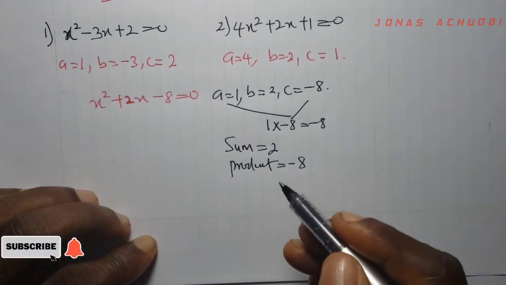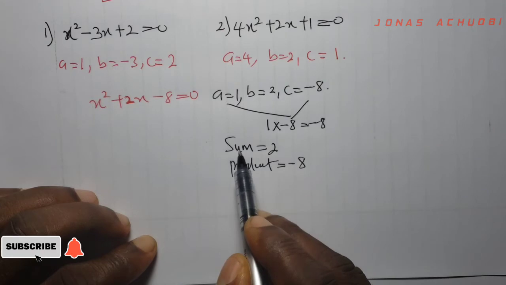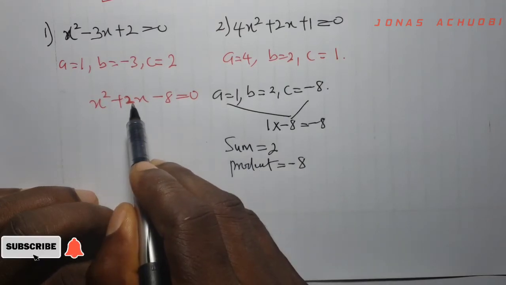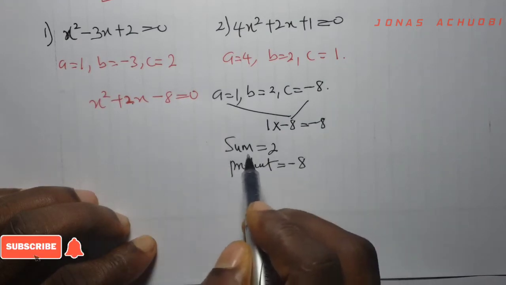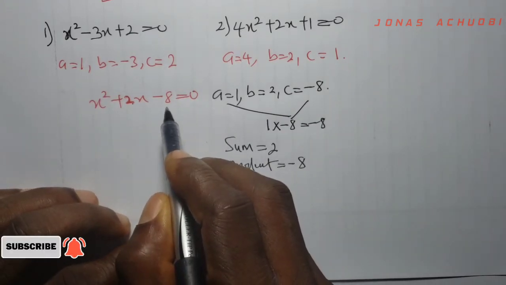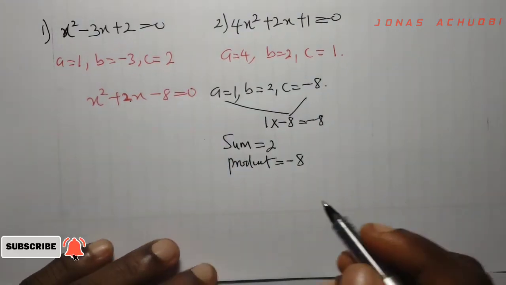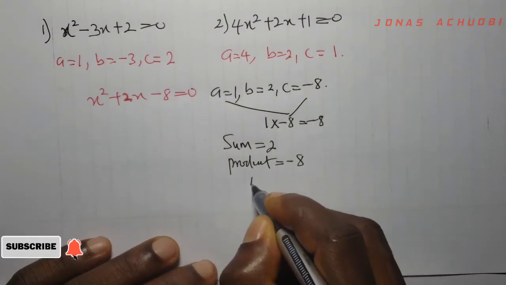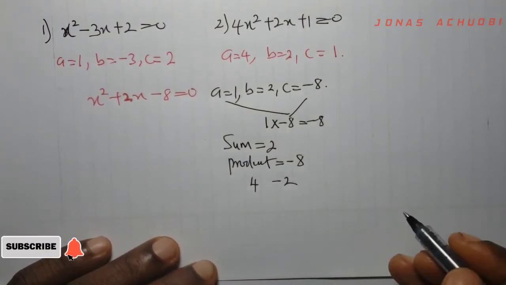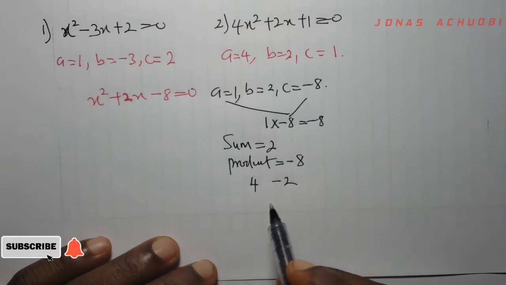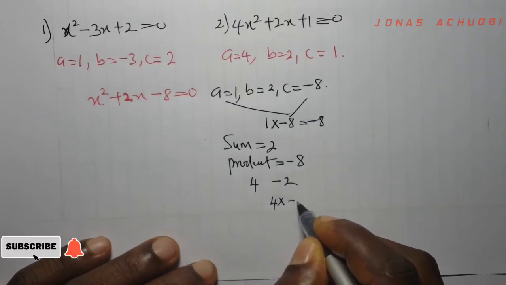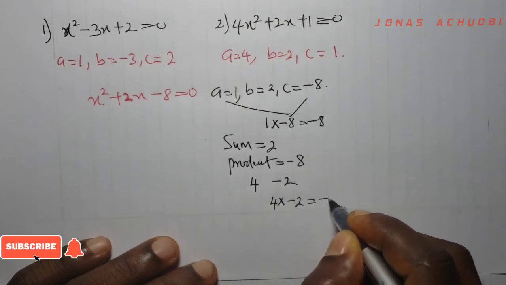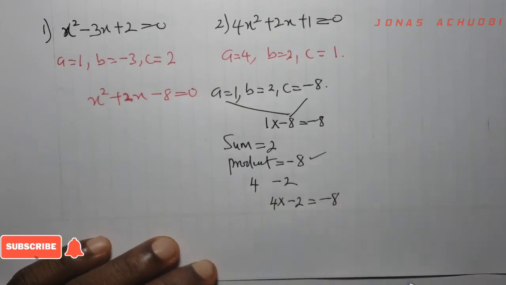So we look for two numbers such that the sum of the two numbers is 2, the middle term, and the product of the same two numbers is minus 8, that is c. So let's examine the following numbers, 4 and minus 2. Let's see what happens. If we multiply 4 and minus 2, 4 times minus 2 is equal to minus 8, which is correct.